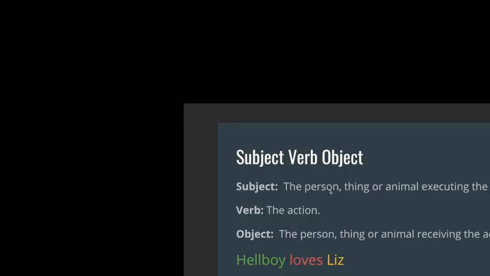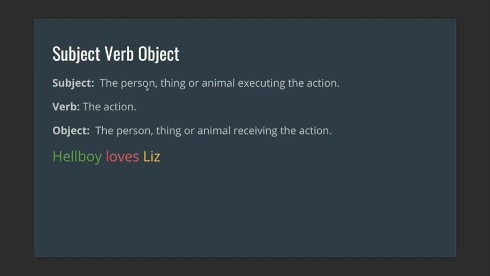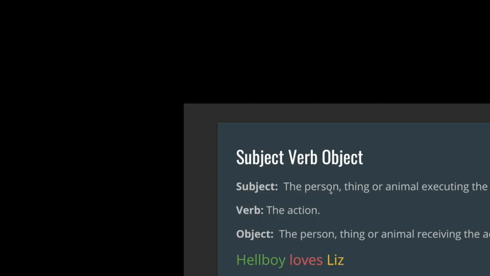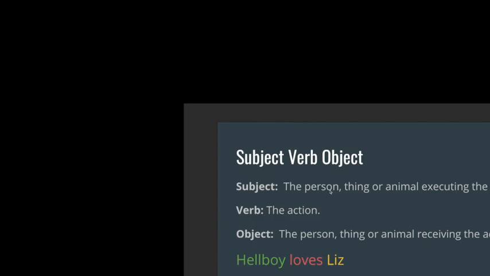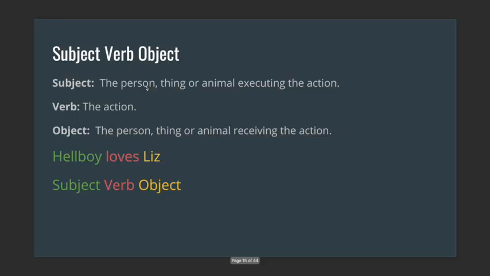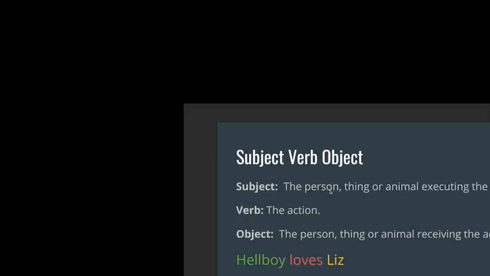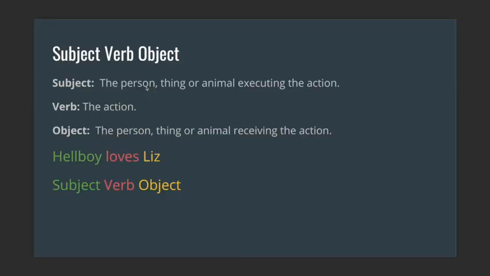She's receiving the love of Hellboy. Hellboy loves. Who does he love? Who receives the action? Well, Liz. So Hellboy loves Liz. We have a subject, a verb, and an object. This is going to be very important later to understand a little bit more about the clauses and the relative clauses.